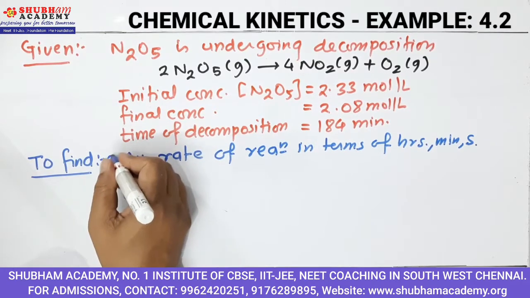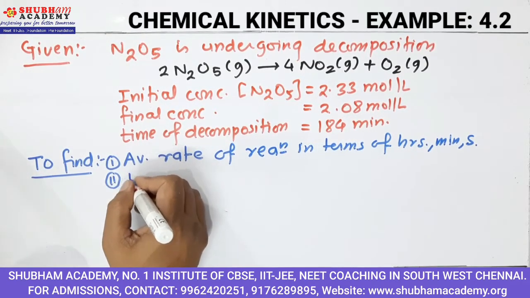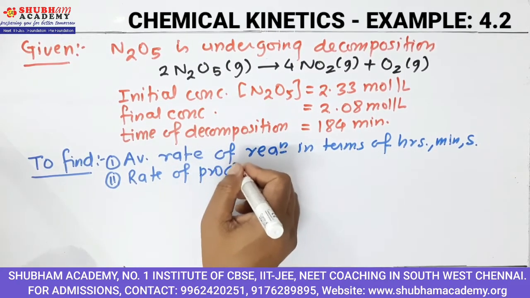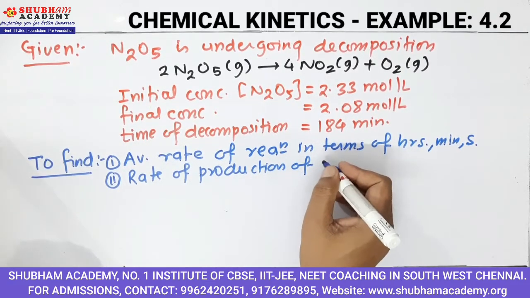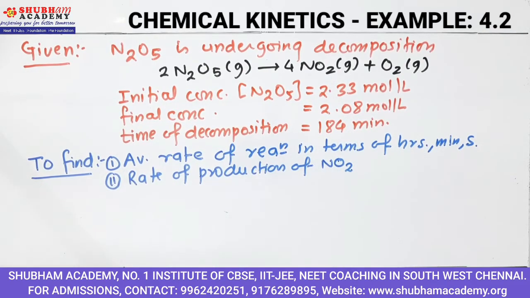This is one part. The other part which you need to find here is rate of production of NO2. Okay, NO2 is produced at what rate, right? So these are the things which you need to find.